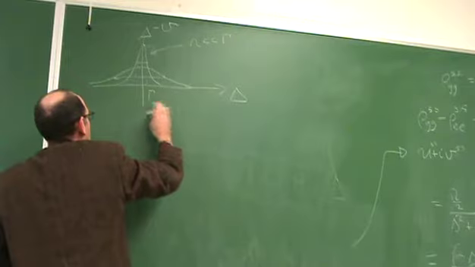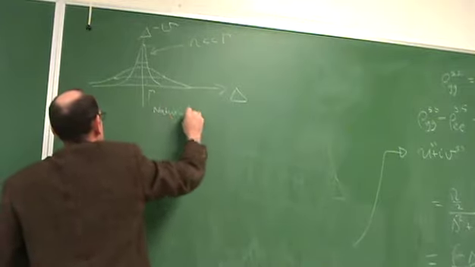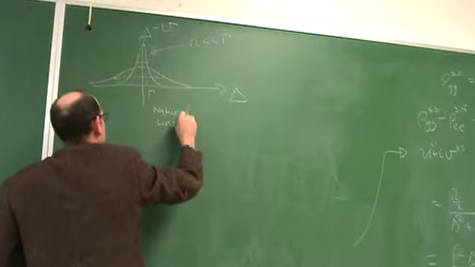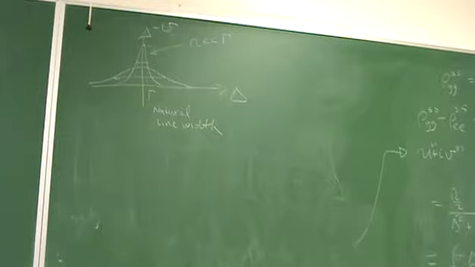That's the natural line width. That's the full width at half maximum of this transition.